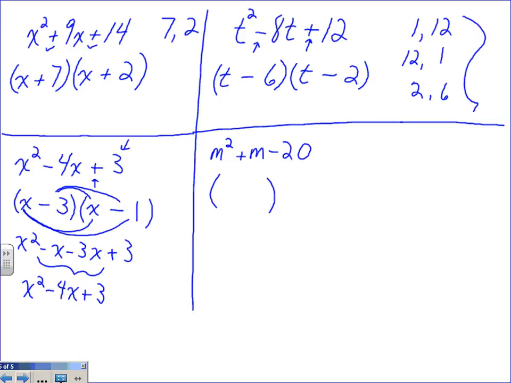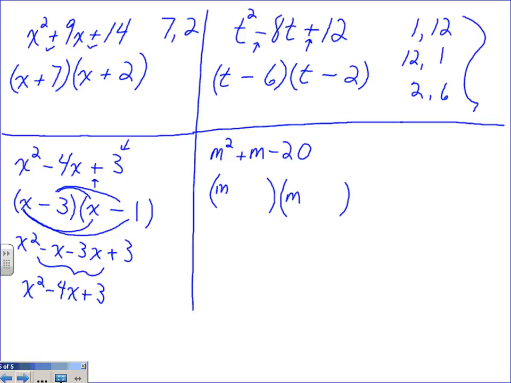All right, I'm going to make my two parentheses. The first one, m and m, because m times m is m squared. I'm not going to worry about the middle term. All I'm looking for is what two numbers multiplied together will give me 20.